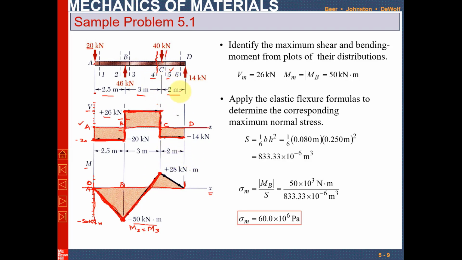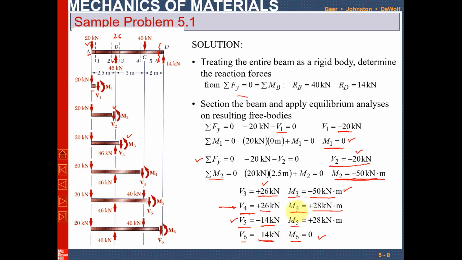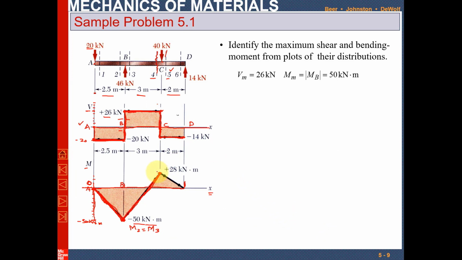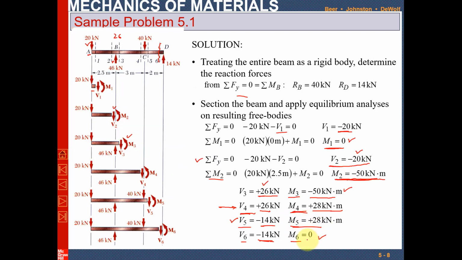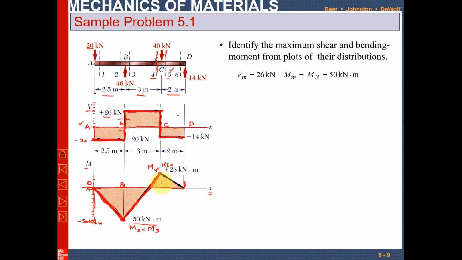The moments at 4 and 5 are the same. So the moment at point C is equal to moment 4 and moment 5, which is 28 kilonewton meter. Now at point 6, you can see that the moment is 0. So if you plot 0, it will be at this point.